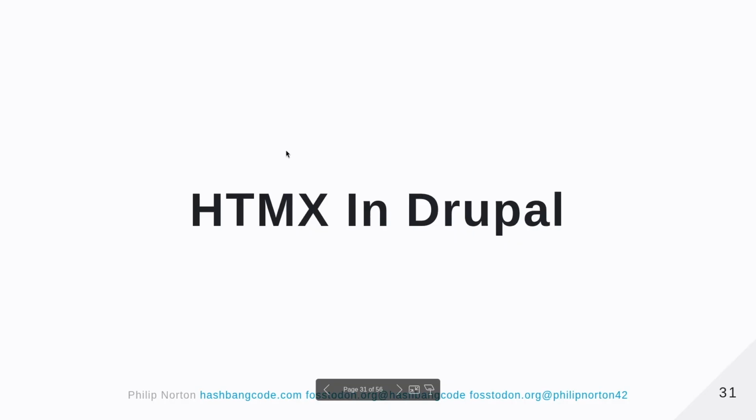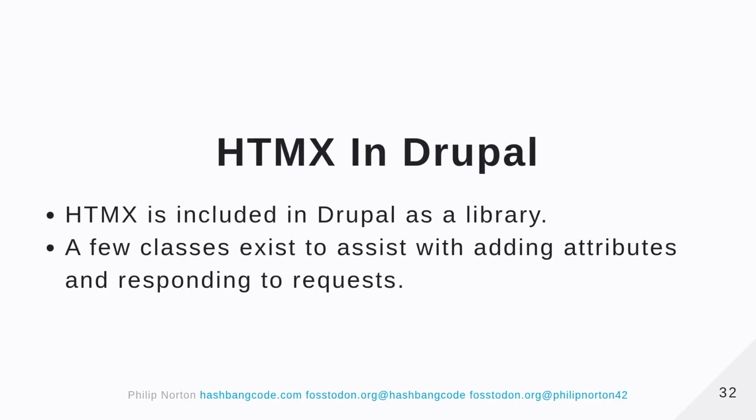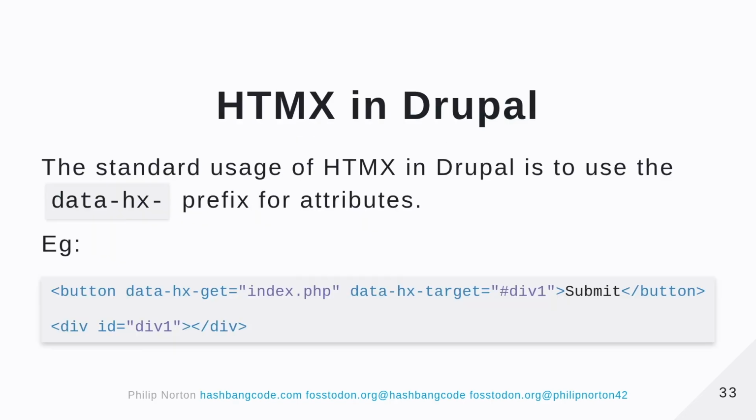So now that we've done all that, HTMX is added to Drupal as a library, but there are a few classes to assist in adding this to the requests, adding this to the page and responding to requests. As a standard, as I mentioned before, Drupal has this data-hx thing, so that's how tags are produced in Drupal.